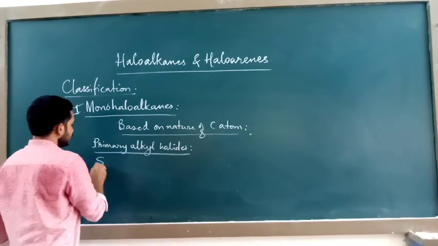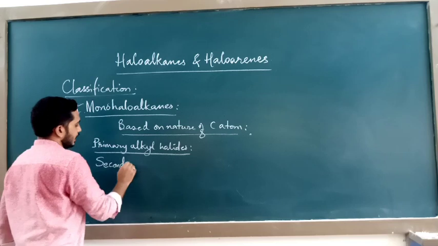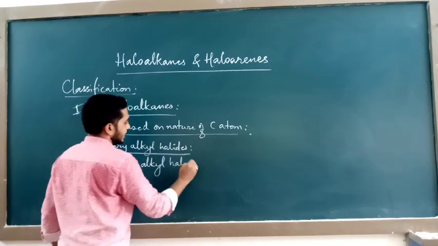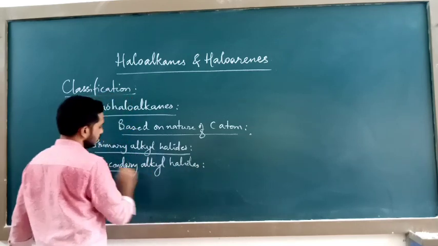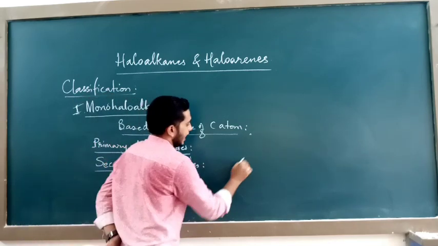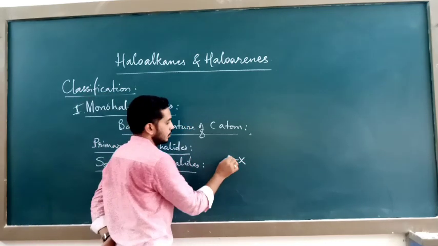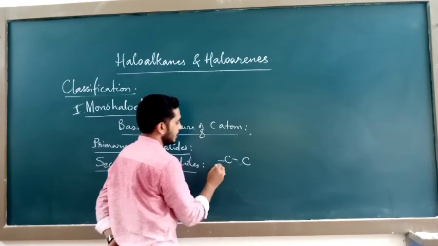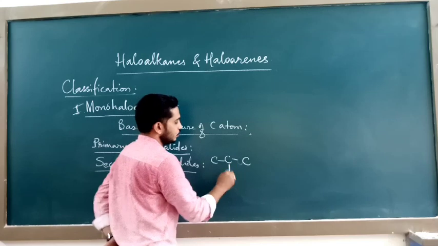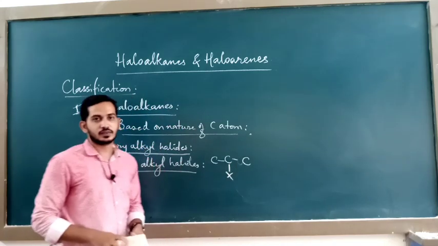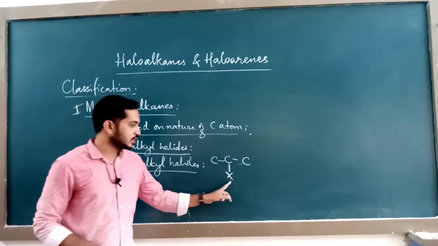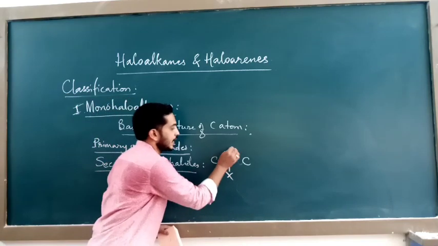The second type is secondary alkyl halides. Secondary alkyl halides are those in which halogen is attached to a carbon which is attached to two carbons. Secondary alkyl halides are those in which halogen is attached to a secondary carbon.